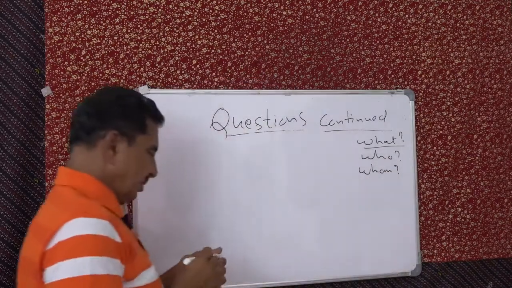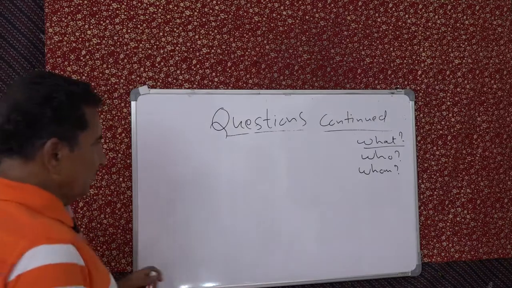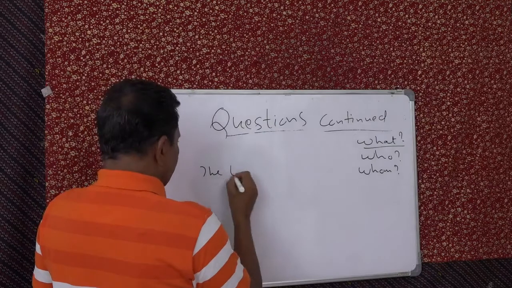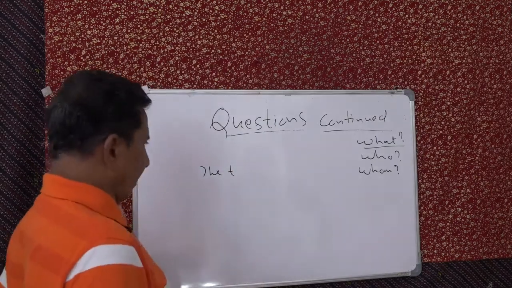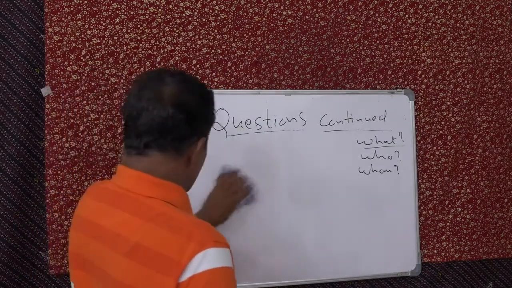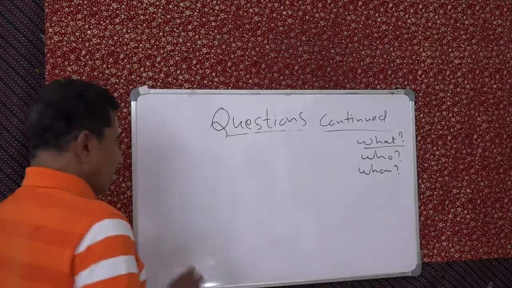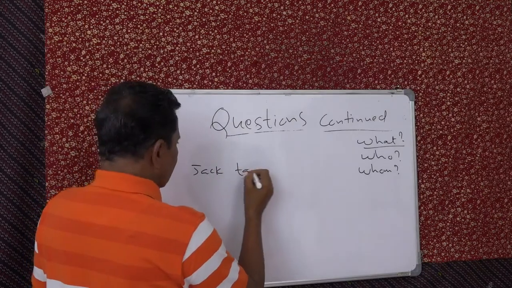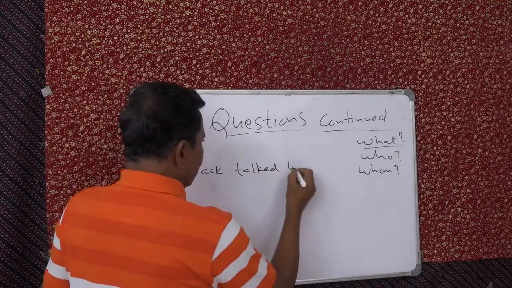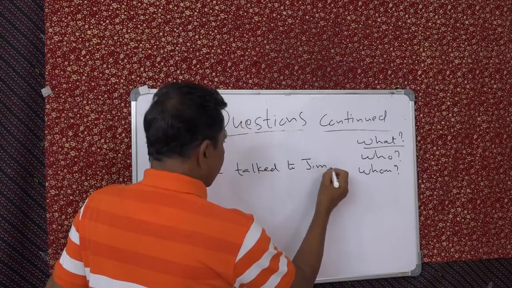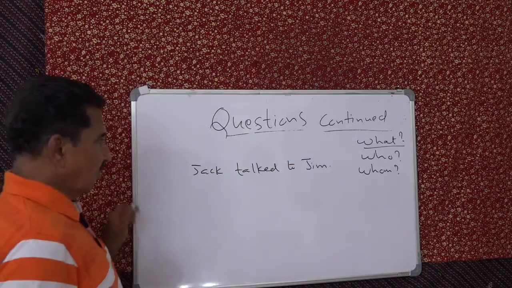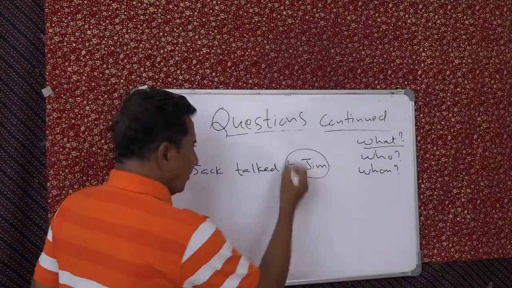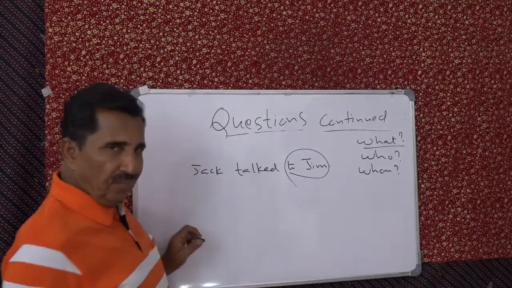Whom? Question. Let's begin with the statement. Let's keep the Jack. Jack talked to Jim. Okay. So, what will you do? You will say to Jim. So that will be whom.